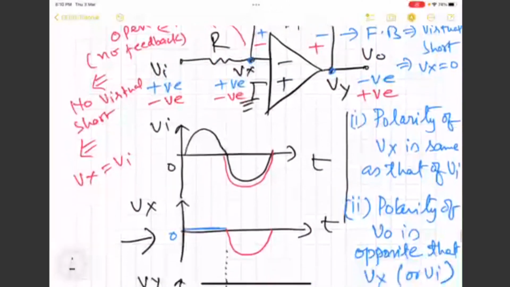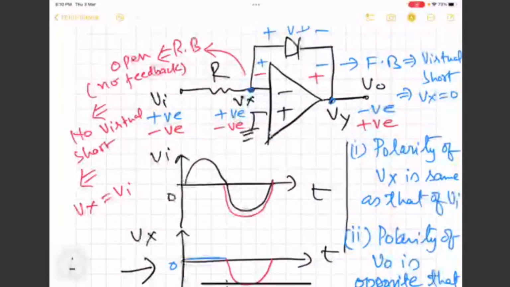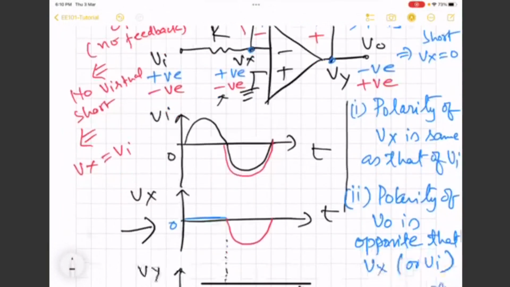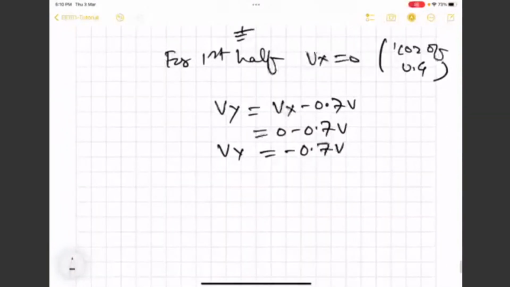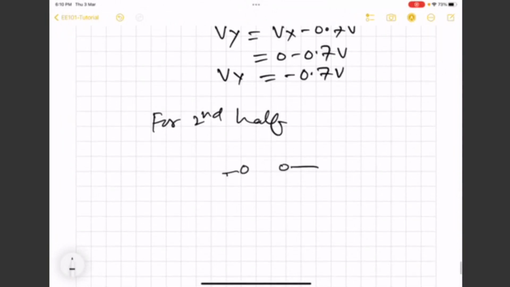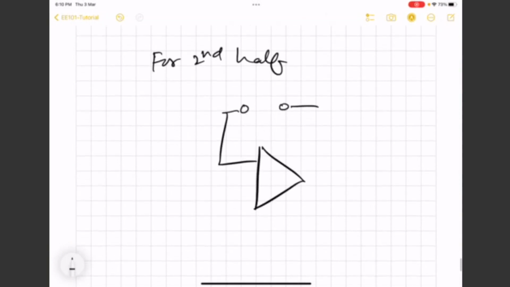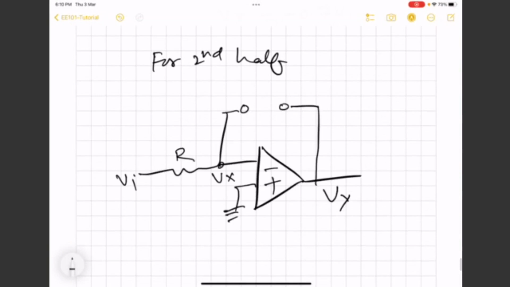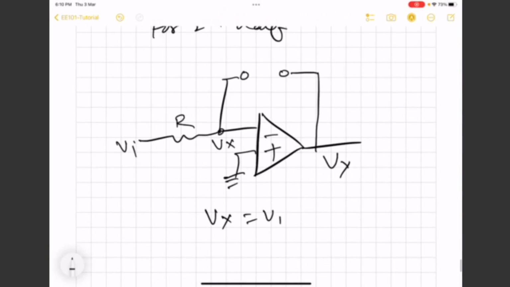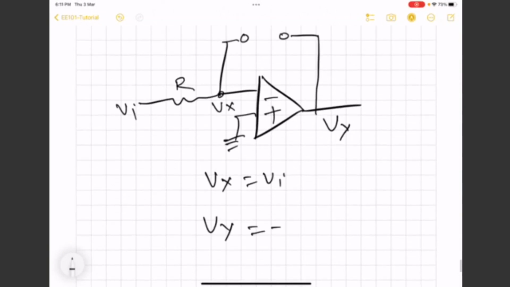Now, what about the second half? For second half, we see that Vx is negative, right? So for second half, we have this circuit. Diode is reverse bias. Diode is open circuited. So here we see that Vx is equal to Vi, and Vy, we know that it is minus A into Vx.